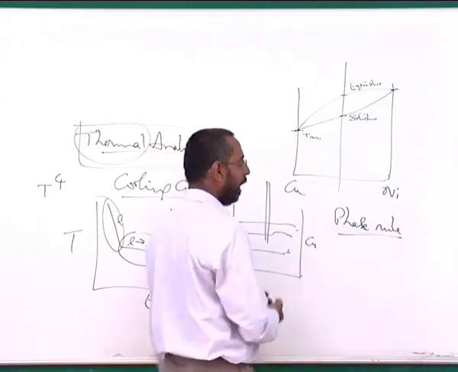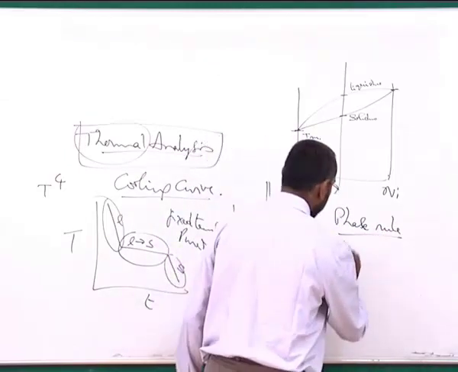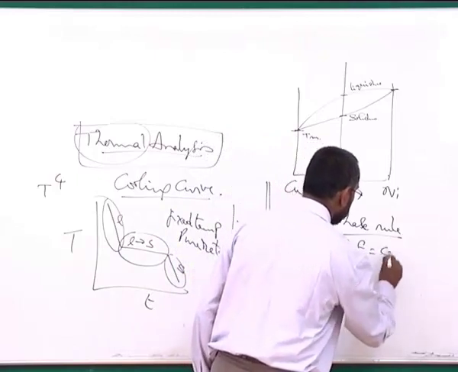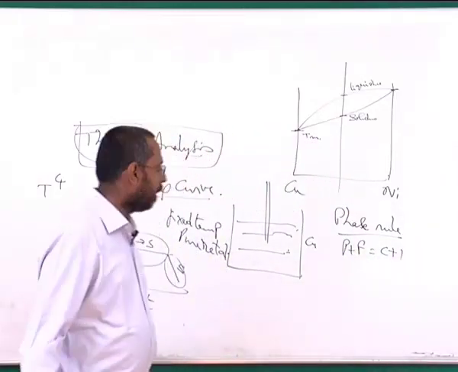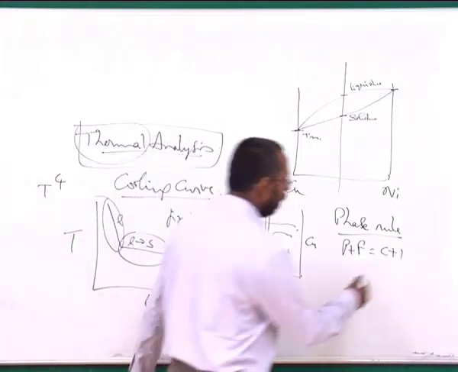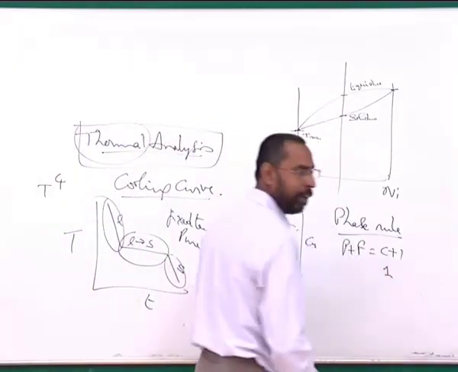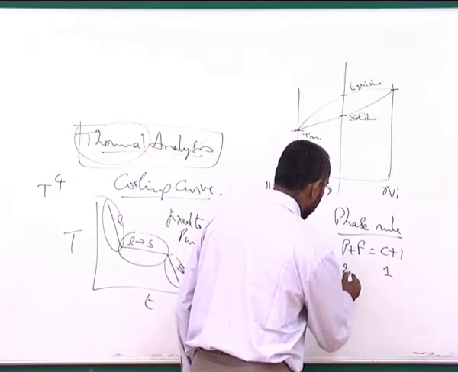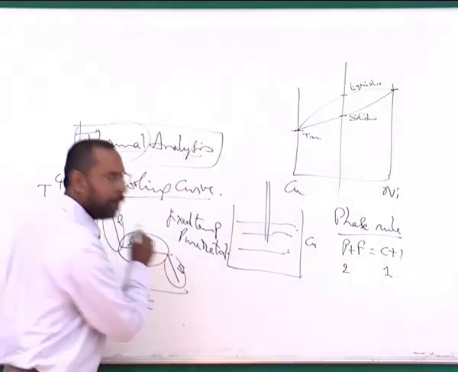If I use a typical condensed phase rule where P plus F equal to C plus 1, you will see for a pure metal the number of components is 1 and the number of phases is 2 because it is liquid becoming a solid.